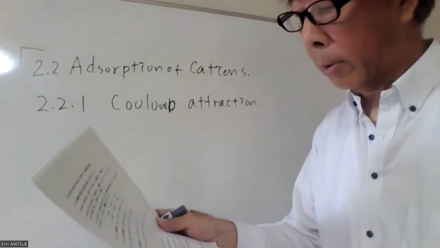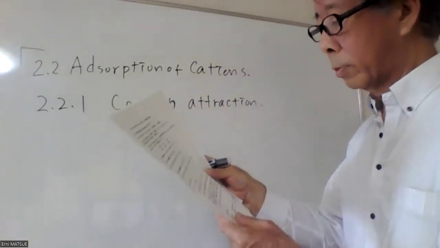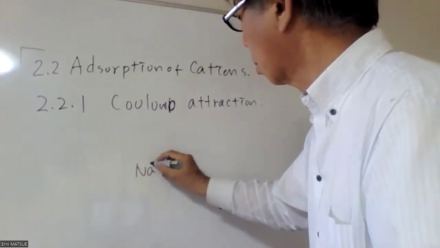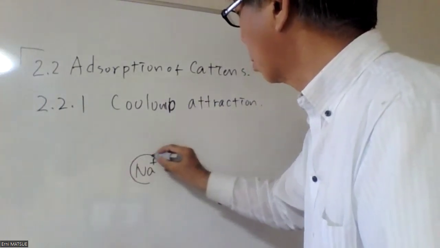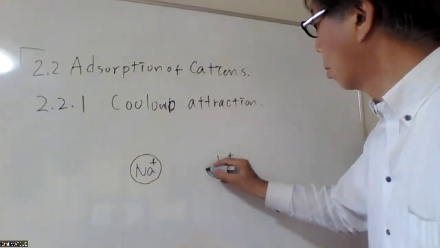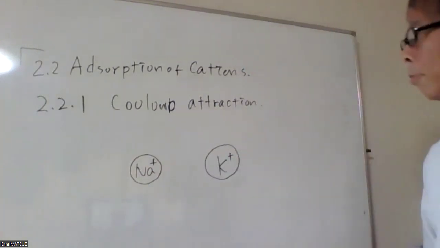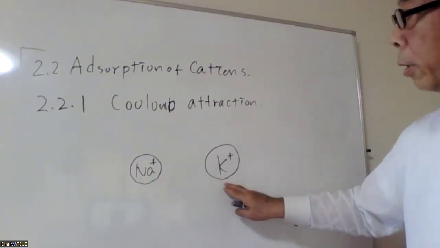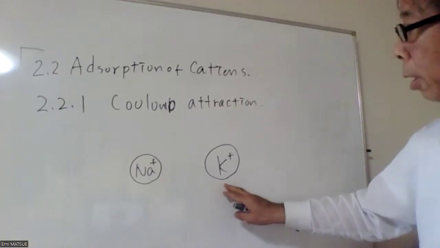Coulomb attraction. Ionic size. Ion size is greater for potassium.